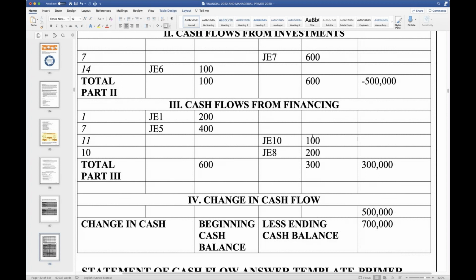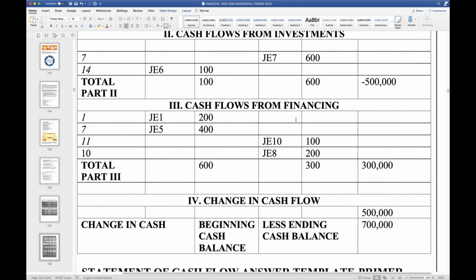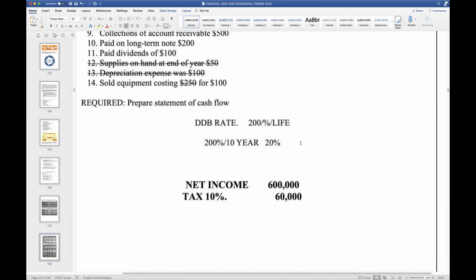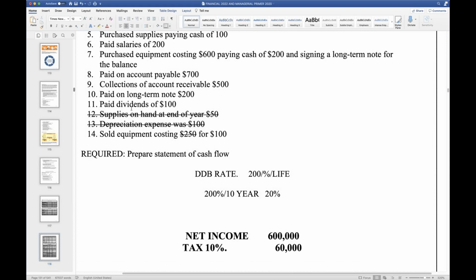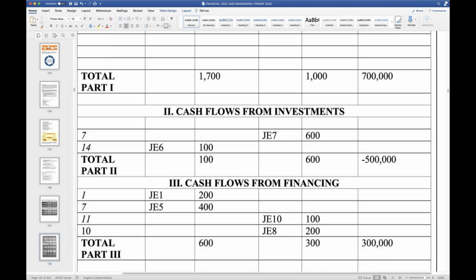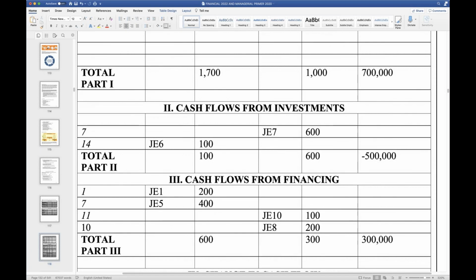When we paid a dividend, so long-term transactions are down here in financing as we are separating those from the short-term transactions. So that's what we're doing. And the final transaction we had was we sold equipment costing $250 for $100. The only thing relevant is the $100. So we get the $100 and we put it here.